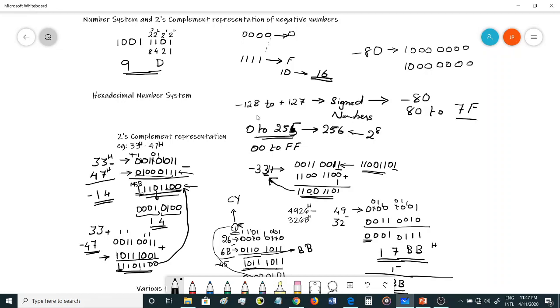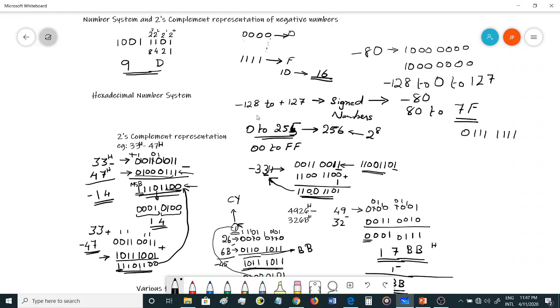127 is 7f, which is 0111 1111. If it's a bit confusing to you guys, don't worry, it is very simple. The range in decimal is from -128 to 0 on the negative side, and from 0 to 127 on the positive side.